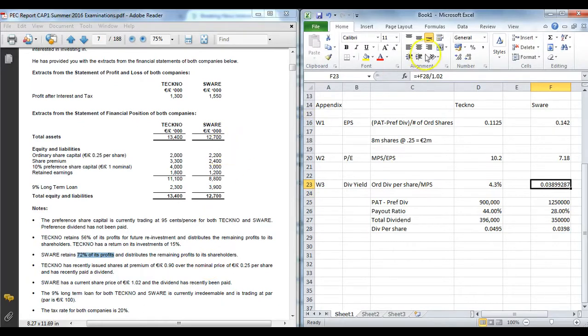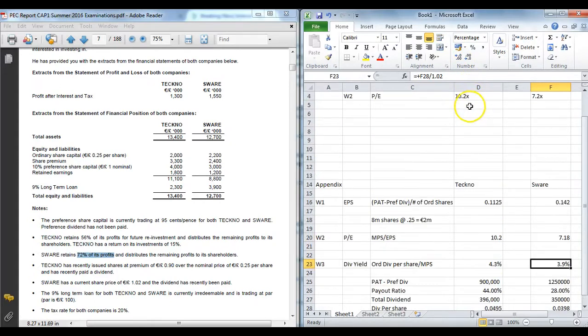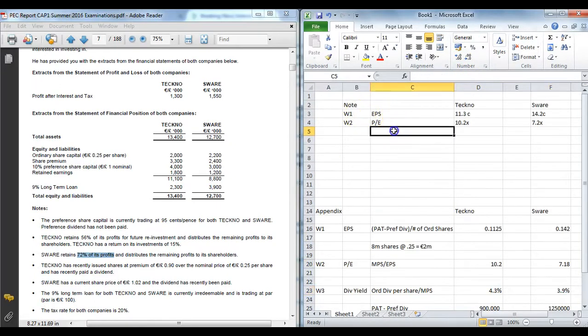So remember, dividend yield is in percentage, so it's about 3.9%. So we put them in. Div yield 4.3% and 3.9%. So the key thing there was for you to figure out what the dividends were for the year, and then make sure you presented it in percentage format.